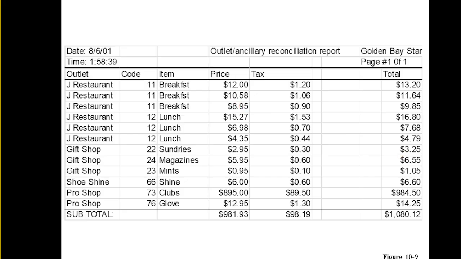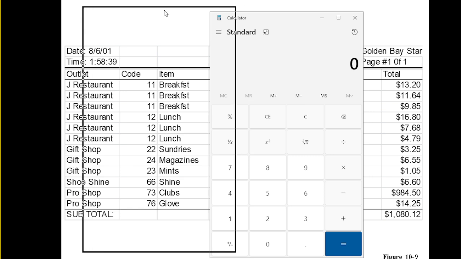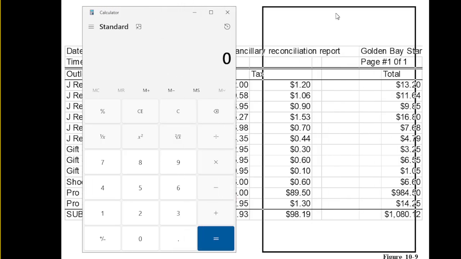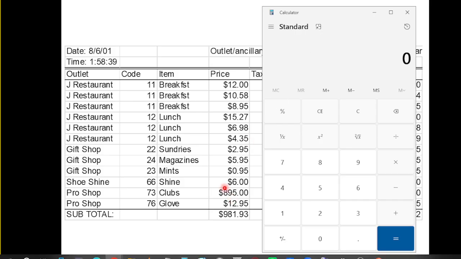Oh, sorry. Can you see my calculator? You cannot? Hello? Ma'am, I have no calculator except in the phone. No, you can see the calculator on the screen. Can you? No, ma'am. Let me try to add this one here.